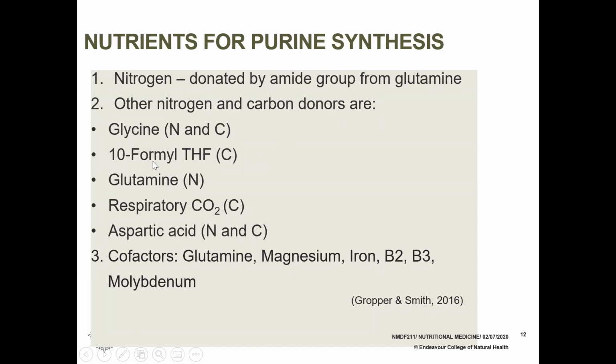From 10-formyl tetrahydrofolate, one of the various amazing forms of folate, I use a carbon group. Similarly, from carbon dioxide also, we can take carbon so that we can continue to make purines. And these are some of the other cofactors, and I encourage you to remember some of these cofactors.